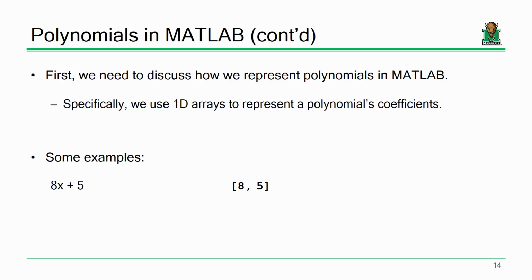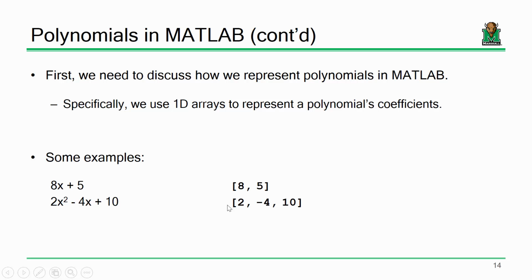For example, if we have a polynomial 8x + 5, that's a 1D array, meaning it's just a single row, but it's a 1 by 2. So 1 row, 2 columns. The coefficient of X is in the first column, and then just the single coefficient of 5 is in the second.